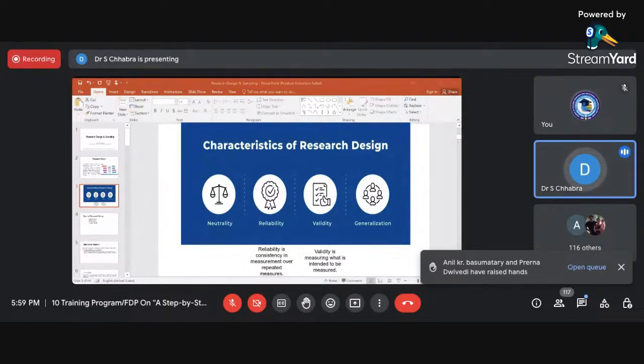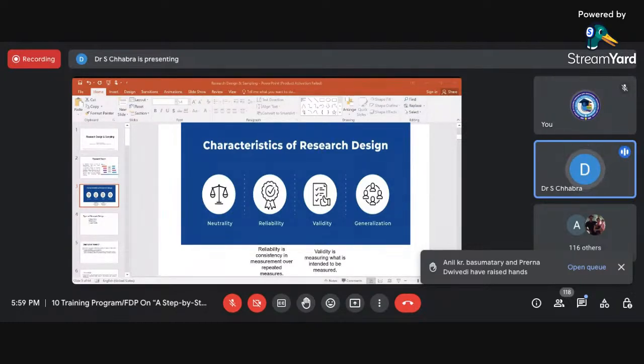Reliability, as you understand, means whatever research design I am picking up, it would be reliable. It would give the same measure. If you have done some study in Gujarat, and I use a similar scale, then from reliability it can be generalized.